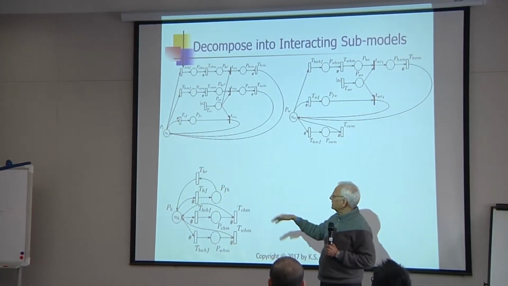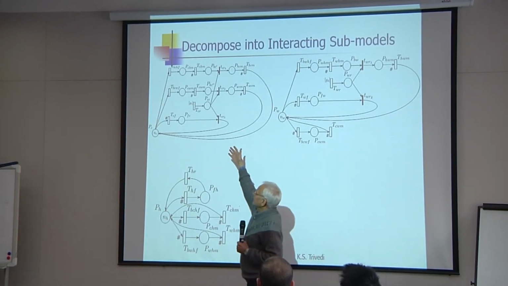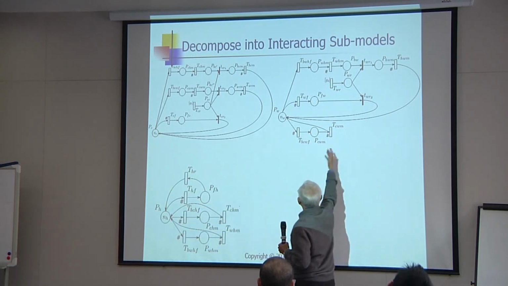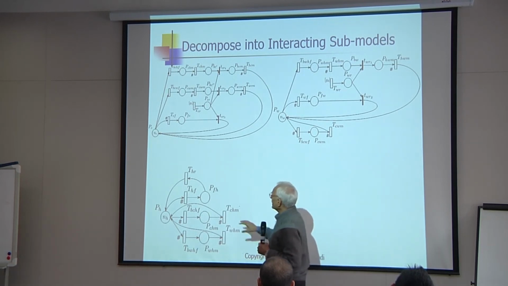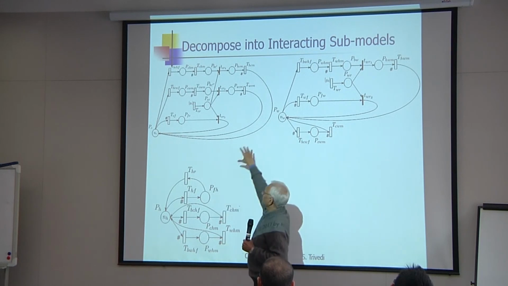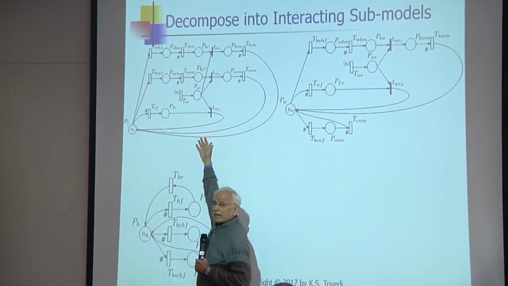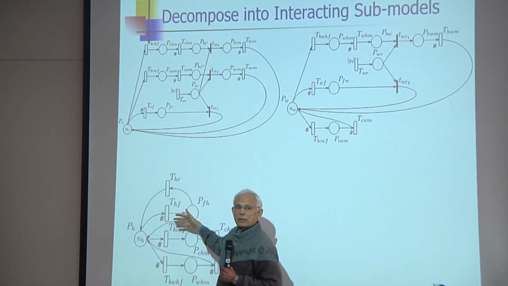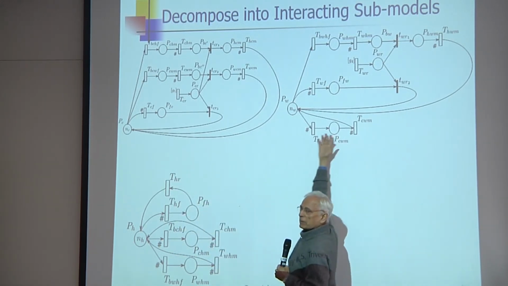But you remember that these 3 interact. They interact because sometimes a cold machine will be migrating into the hot machines, a warm machine might be migrating into the hot machines. So how do I indicate that? Well, I indicate that by adding an extra place and transition here, here, here, and they will communicate after solving. So the solution of this will provide an input parameter here. The solution of this may provide an input parameter there, and so on.